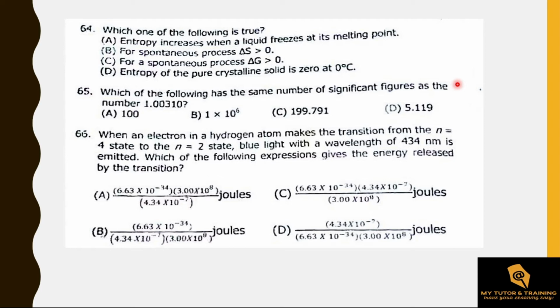No. Always, this is a thermodynamic property of a system that always exists. So, for question number 64, the correct answer is B. For a spontaneous process, delta S is greater than 0.